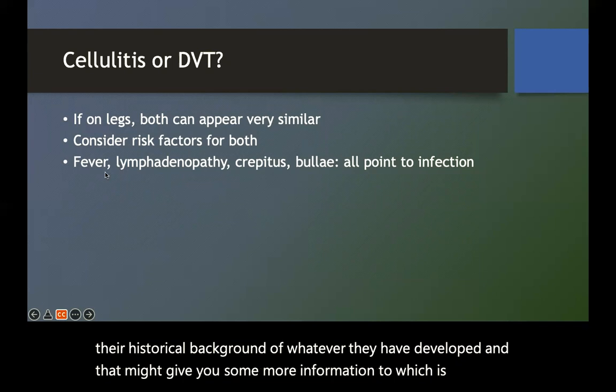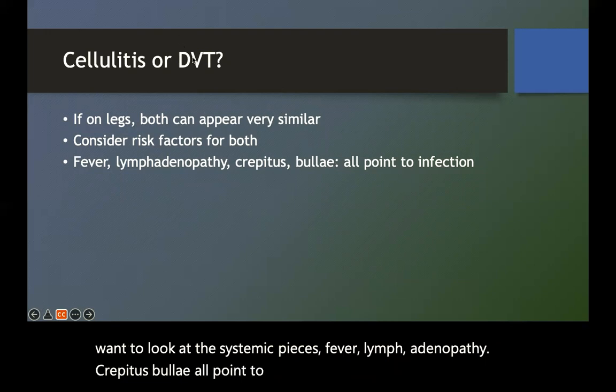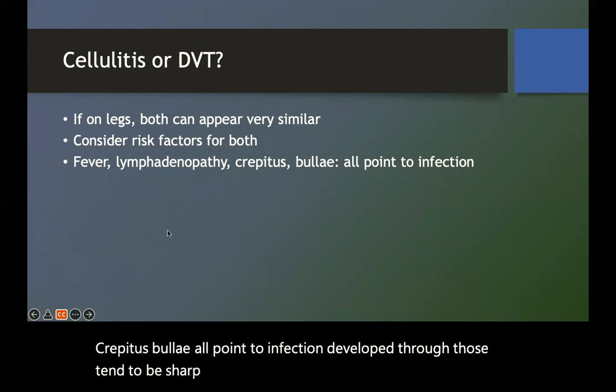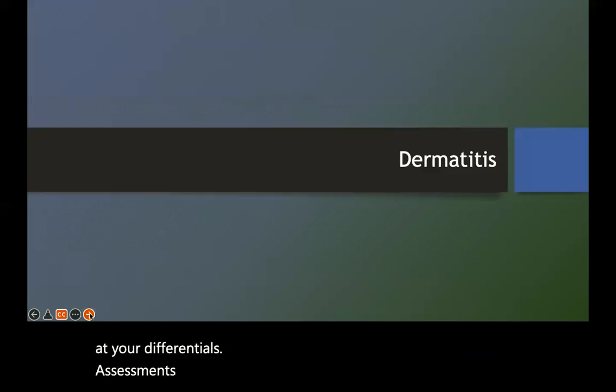We want to look at the systemic pieces: fever, lymphadenopathy, crepitus, bullae, all point to infection. Okay, DVTs tend to be sharp, stabbing pains that are sudden, but again, just really look at your differential assessments to help guide you.